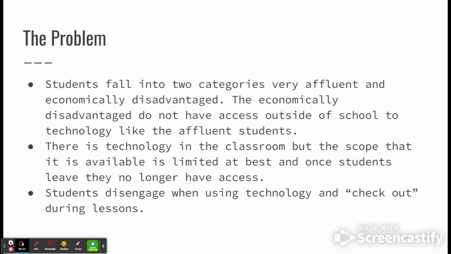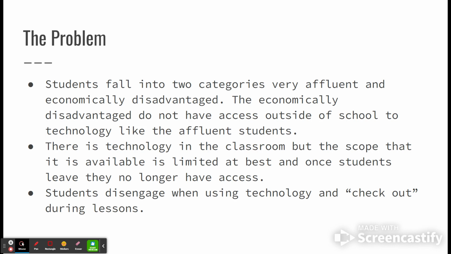So, with that in mind, there is technology in the classroom, but the scope that we have it is limited at best, and especially when we're talking about students under the age of 13. And once students leave school for the day, they no longer have access at home in a lot of cases.